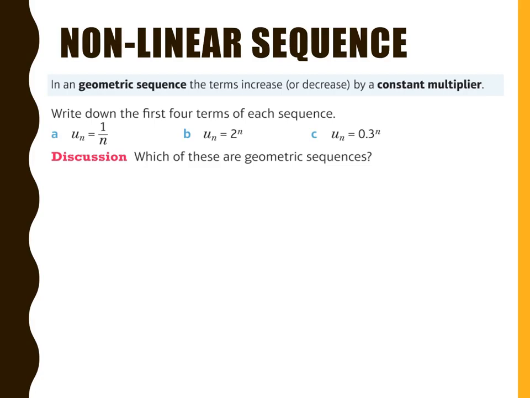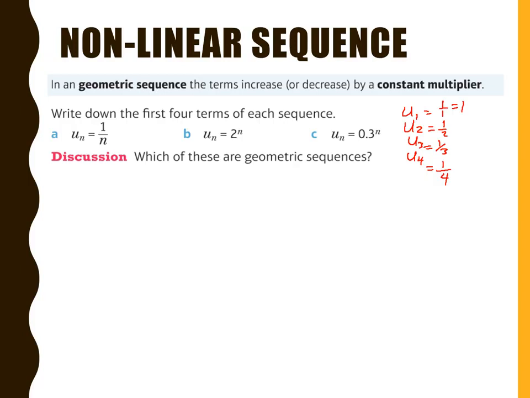If I was to do this example with you, the first, second, third, and fourth terms would be 1 over 1, which is 1, then 1 over 2, 1 over 3, 1 over 4. Okay? And then it says which of these are geometric sequences. So check them. If you were to write this down, is there a constant multiplier?